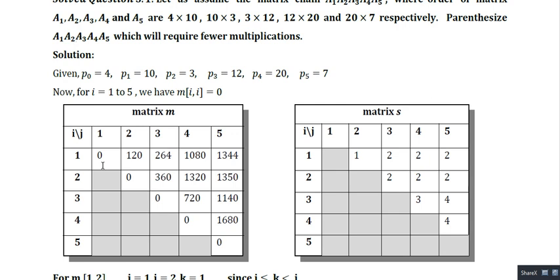So the minimum cost Mij will be 0. So you fill up the diagonal with 0 0 0, and mark each of the other entries as dash. Assume there are no values filled up here, similarly in this case all these are empty.